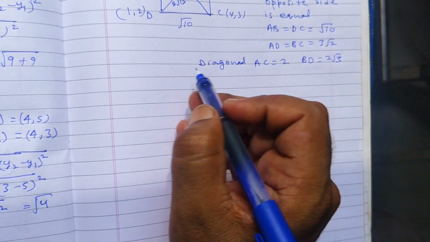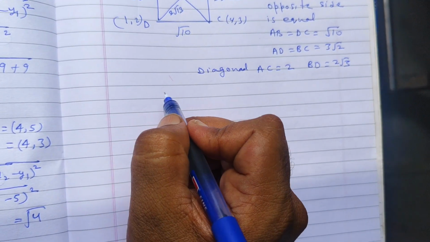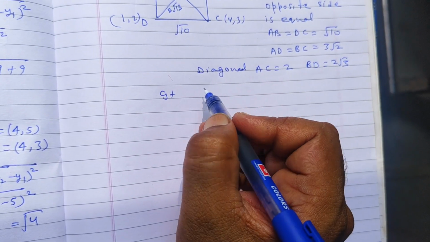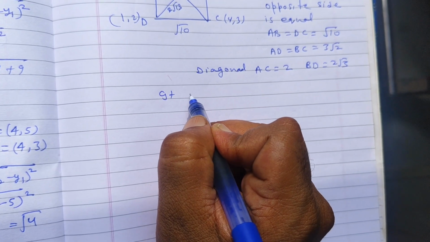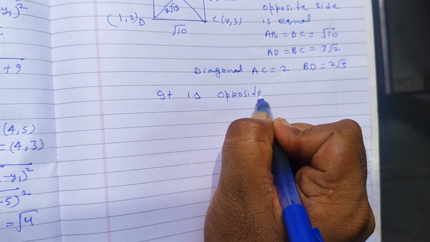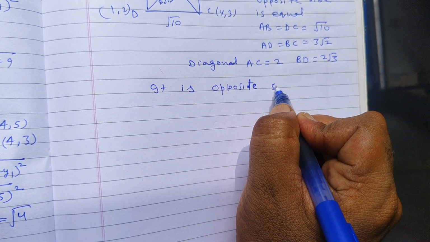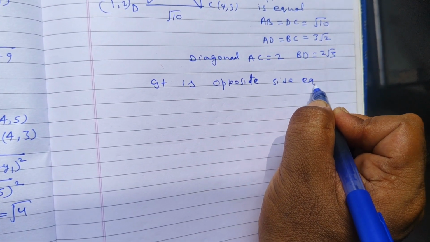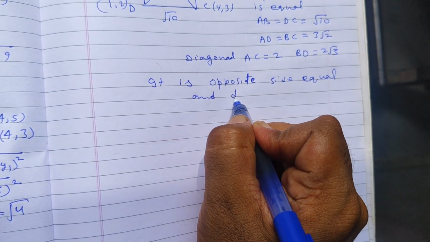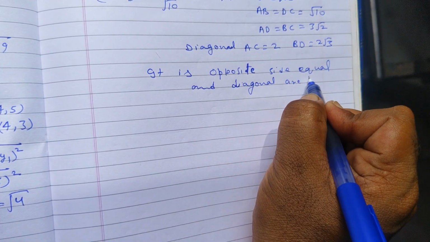So here the opposite sides are equal and the diagonals are different.